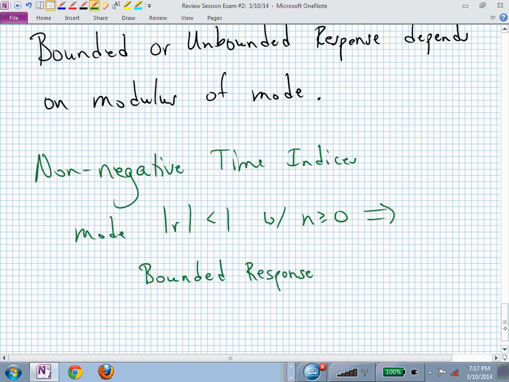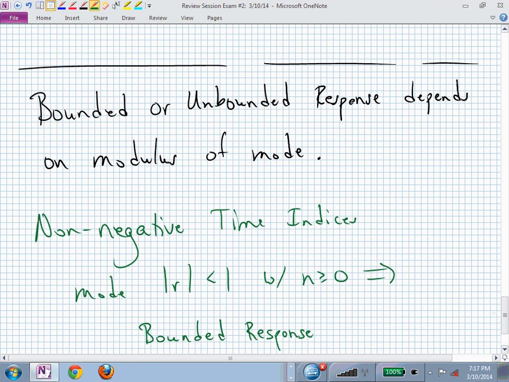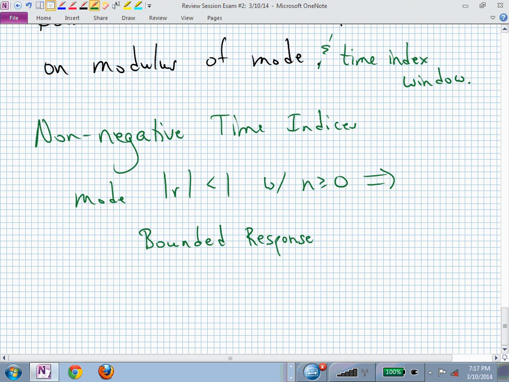Well, maybe I did want to say that. On the modulus of mode and time index, let's say window. So with the mode having a modulus or radius inside the unit circle, for positive or non-negative values of n, we get a bounded response.